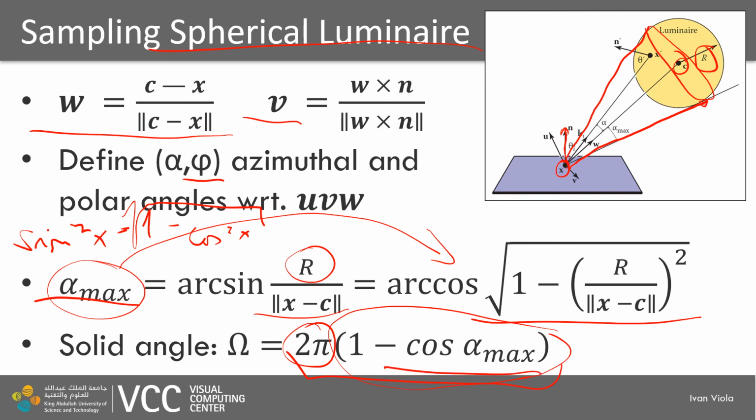As the alpha max is expressed through the arc cosine, we can just place in the square root term here.